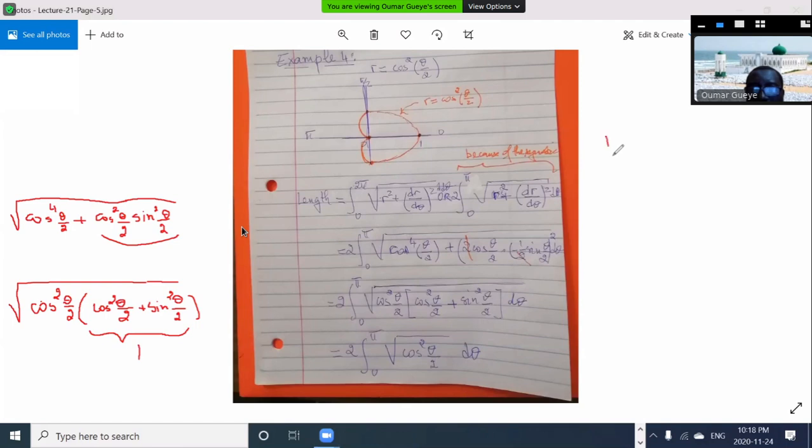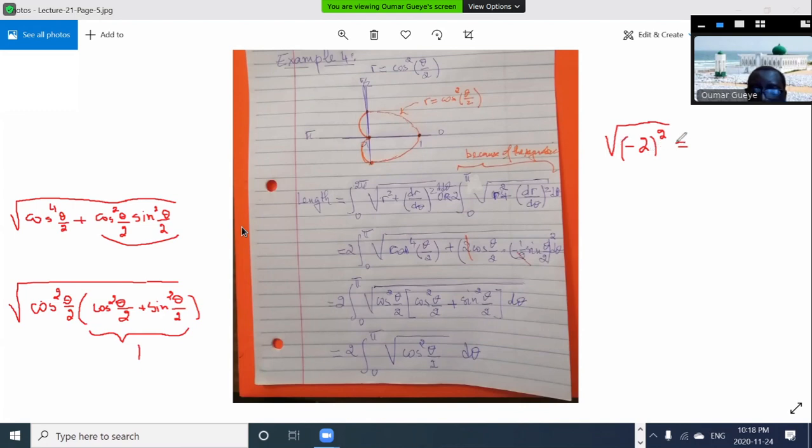As you know, when you calculate the square root of (-2) square, what is this value? 2, not -2, because the square root always returns you a positive number.